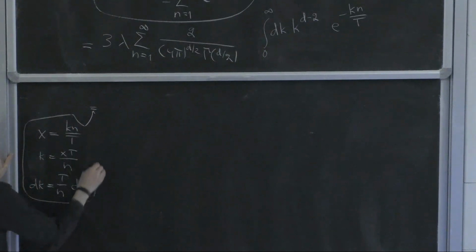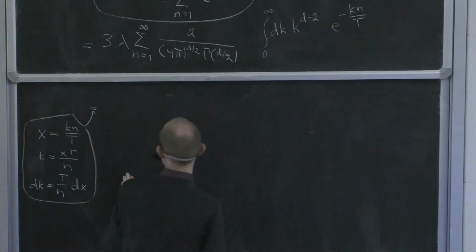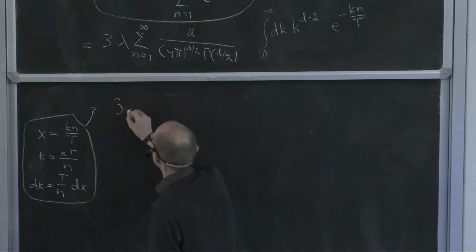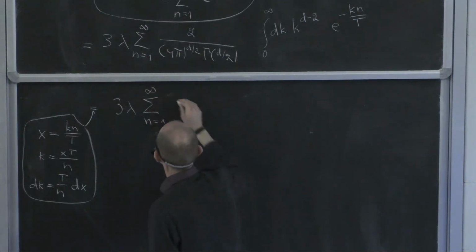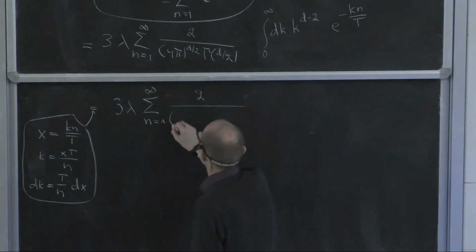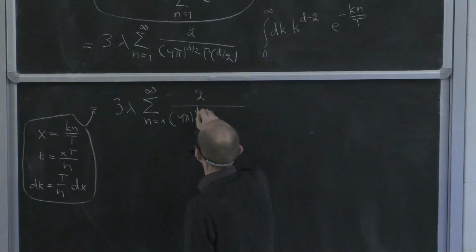I rescale variables. So then I get 3 times lambda, sum n from 1 to infinity, 2, again always the same part.